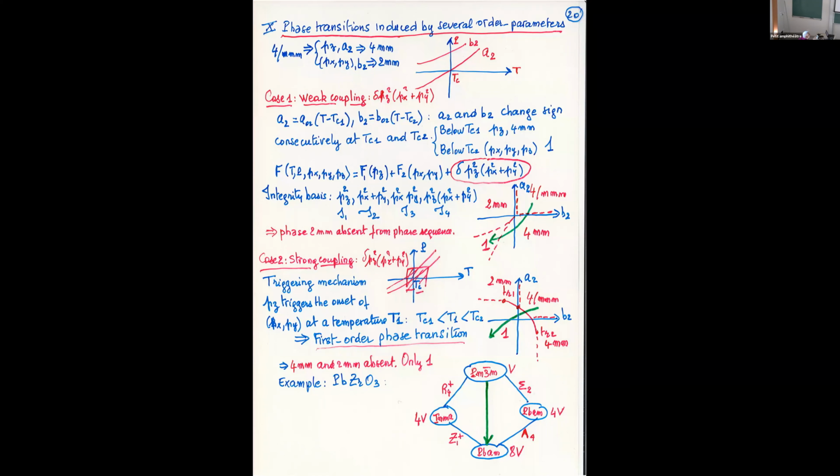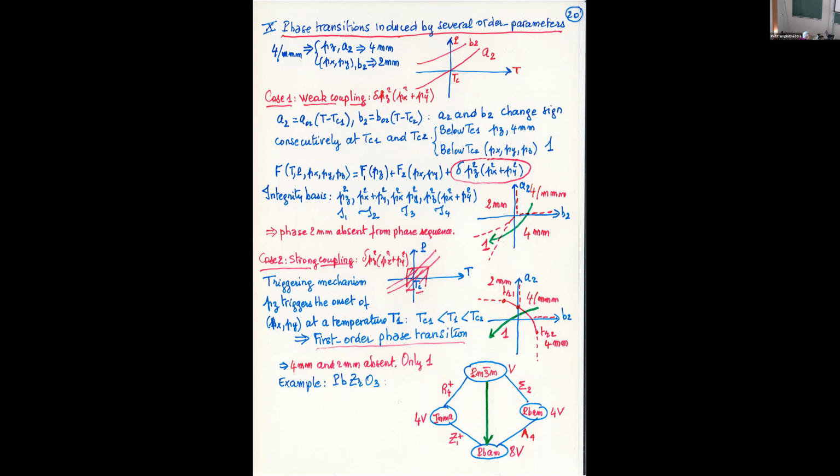And so what will happen is that you will not have one second order transition as here, followed by another one. You will have a single first order transition to the phase 1, because there is a jump that will appear. And there are many examples in structural phase transitions in this case.